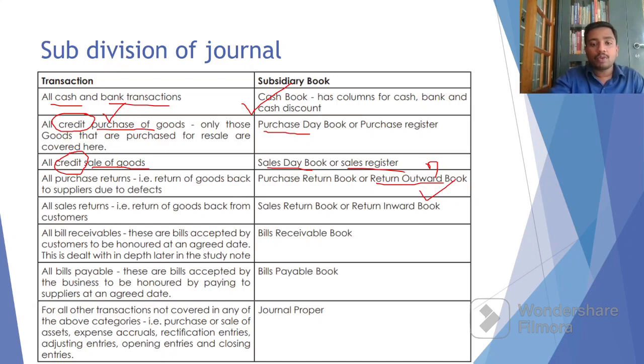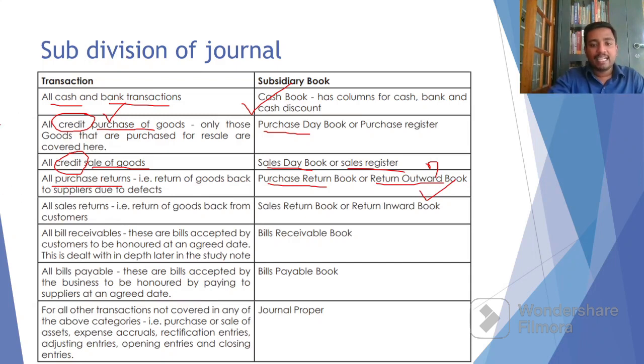So return outwards always indicates a purchases return. All purchases returns due to insufficiency, defects, or not matching the sample, where the goods are sent back to the original supplier, are recorded in the return outwards book or the purchases returns book.